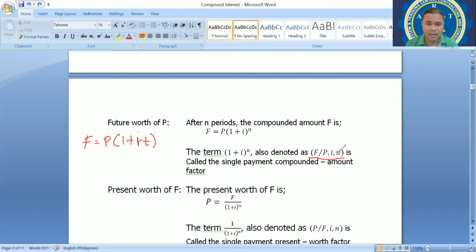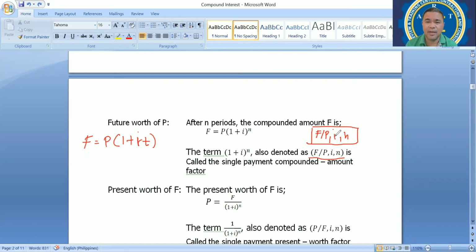F over P, I, n. I remember before, the board exam gave only this in the problem, and if you don't know the formula, or the meaning of it, you cannot answer the problem.